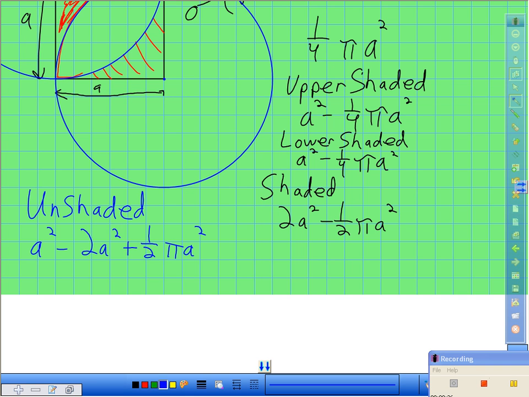So A squared minus 2A squared is negative A squared. Technically, I should probably put that at the end, but I'm going to leave that out front. So negative A squared plus 1/2 pi.